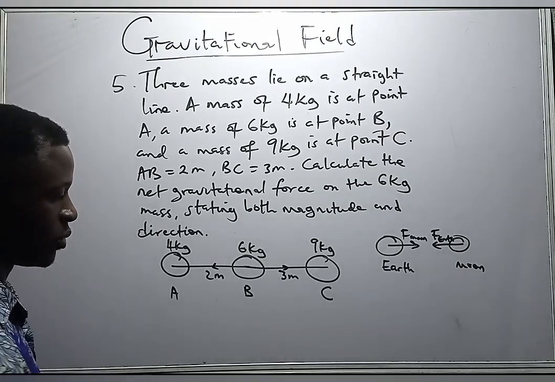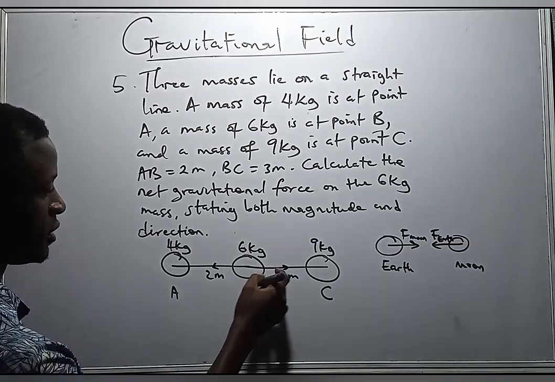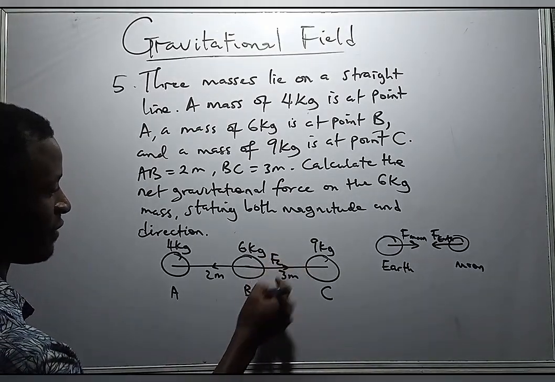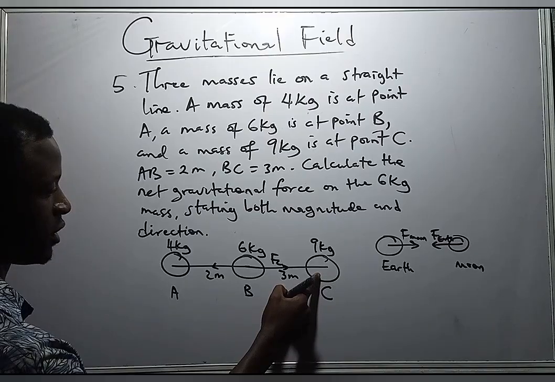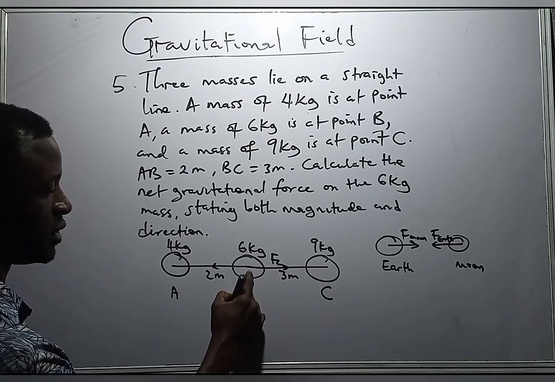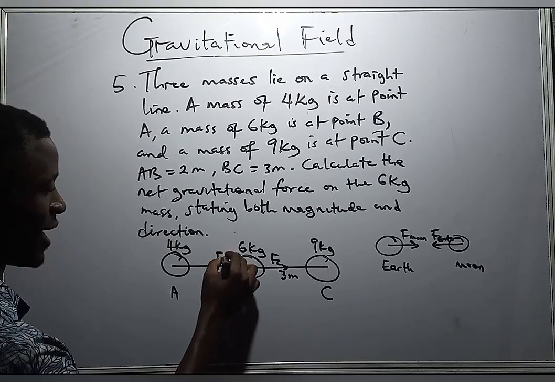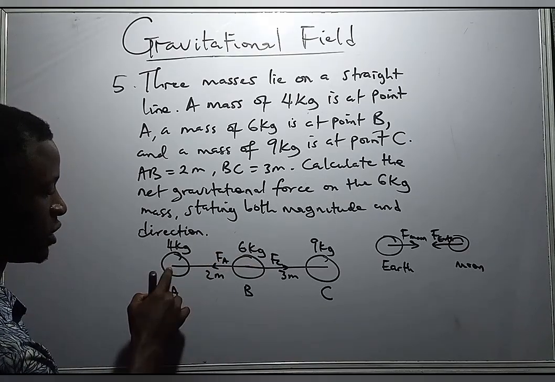Let me call this one FC. That is the force with which object C is pulling this, and then this will be FA. That's the force with which object A is pulling this.